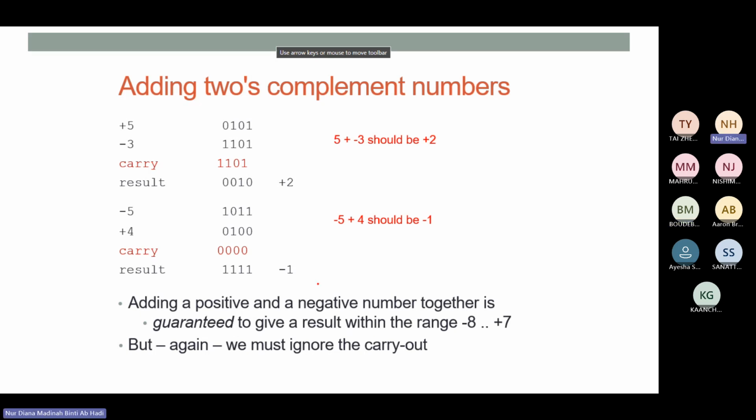How come your value is negative 1, but your result is 1 1 1 1? Can you explain how it becomes like that?